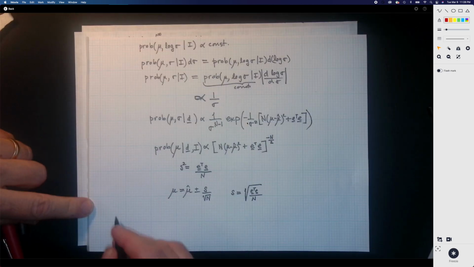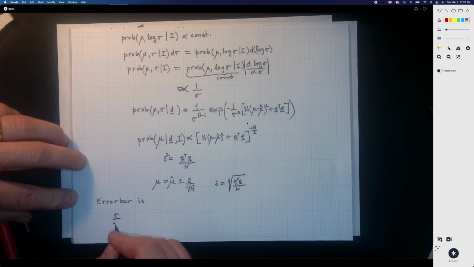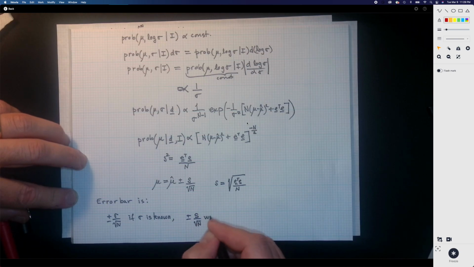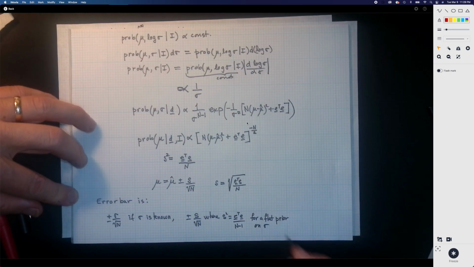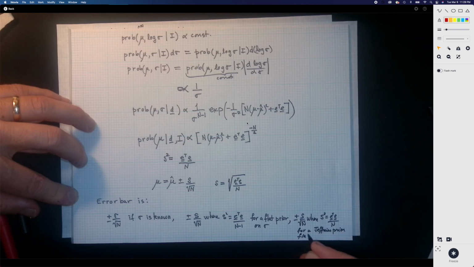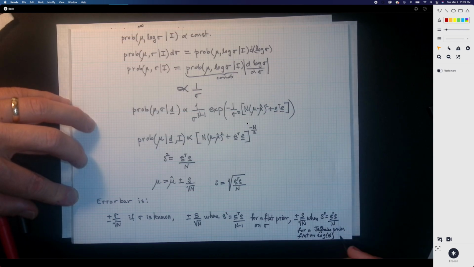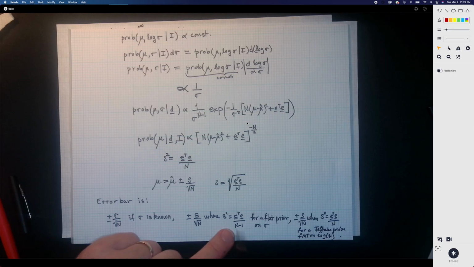All right, so we have 3 cases. The error bar. Let's summarize. So this case is more accurate than this one, but you see that if n is large, it doesn't really make any difference.